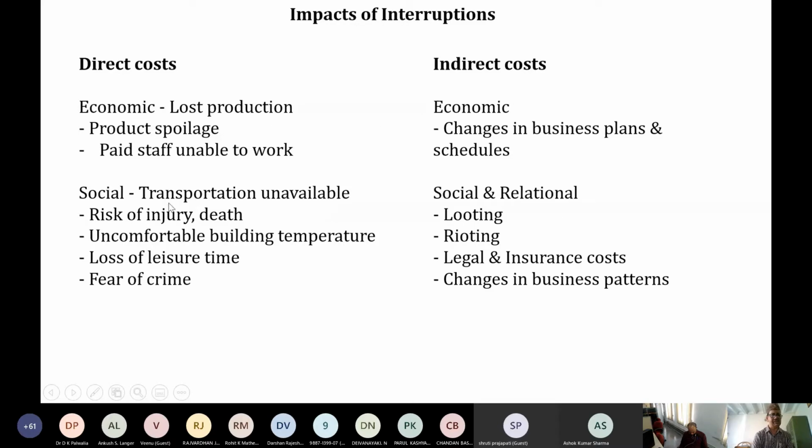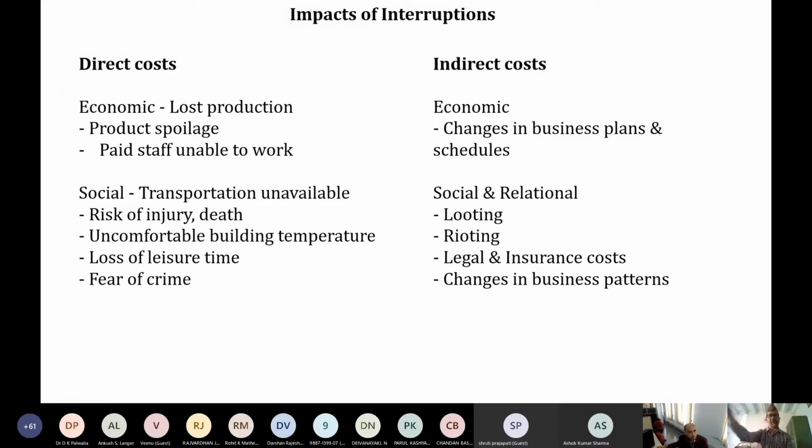And social cost. What are the social costs we have? Like transportation unavailable. So it comes into the indirect cost. What are the indirect costs? Economic cost, changes in business plan and schedules. Social and relational: there can be looting because of unavailability of electricity.